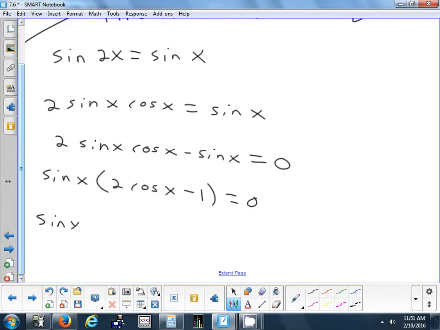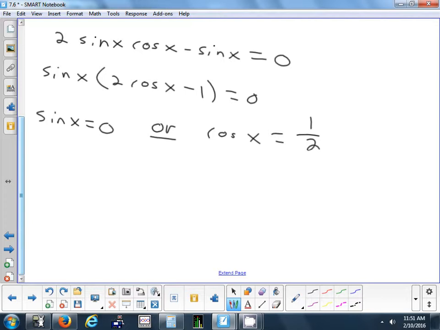So sine x equals 0. Or, what would cosine x equal? Plus the 1 divided by the 2. Okay, this is possible. I can't just cross it out this time. That's probably going to work. Where does sine equal 0?